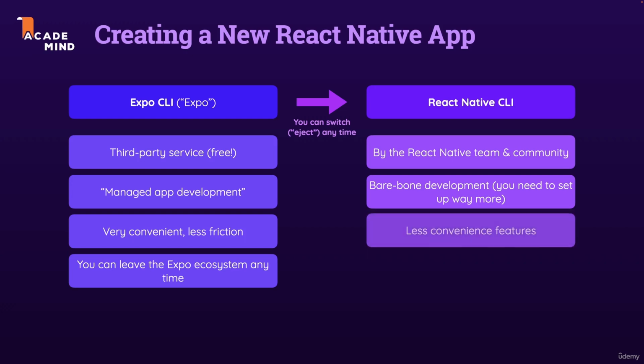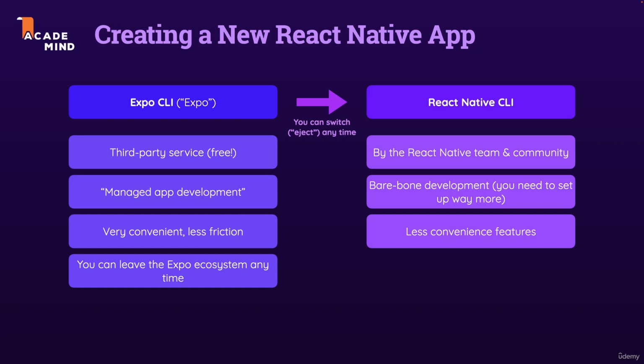There are less convenience features, and if you need to tap into certain native device features like using the camera or other features, then it is often a bit more work when not having Expo around. Because, as mentioned before, Expo is not just about the tool that creates projects, it will also give you helpful packages and tools that you can use when writing code that will make your life easier in that case as well.